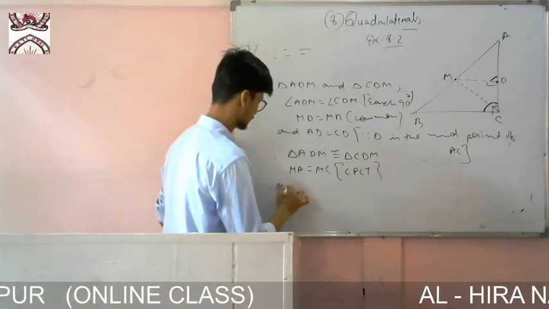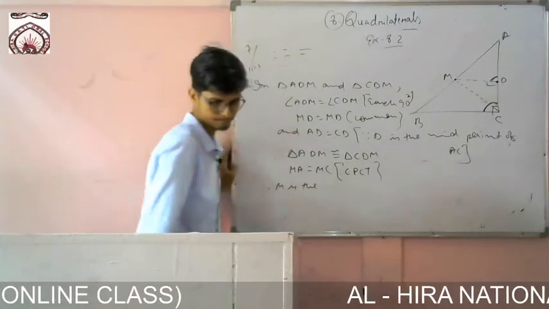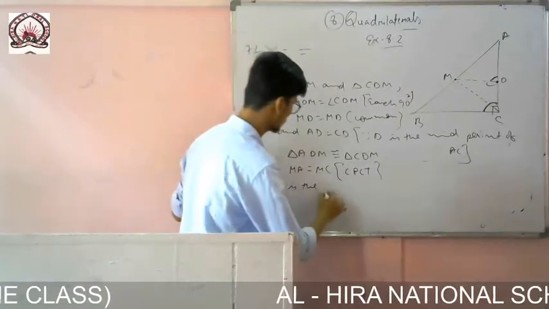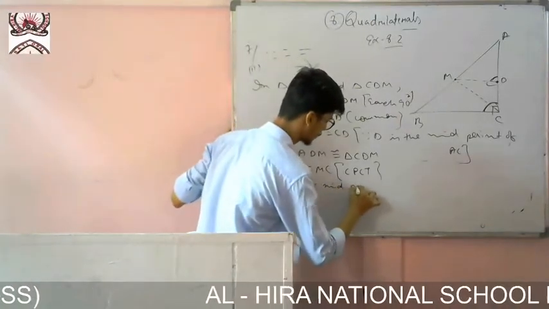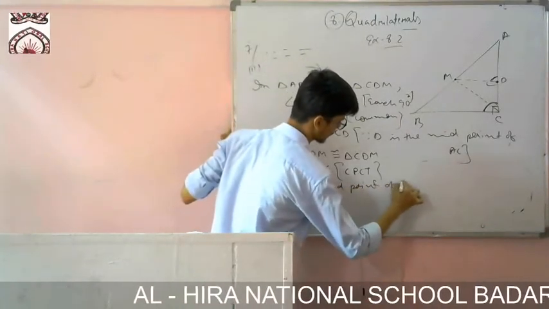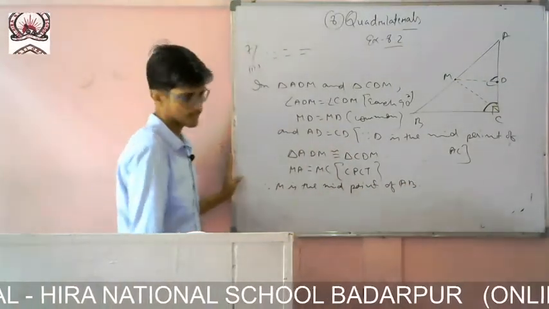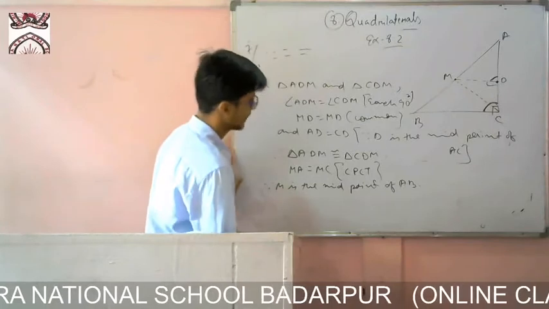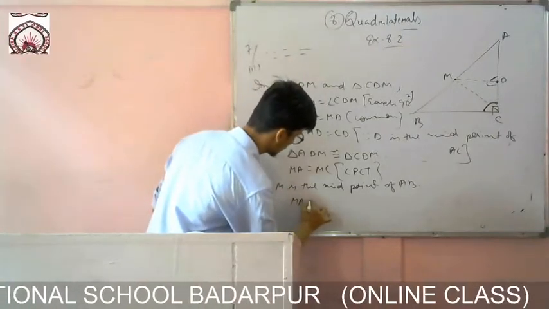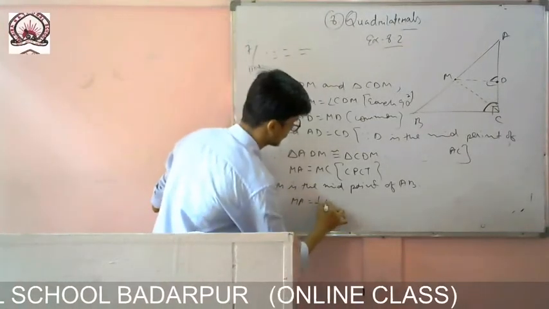Since M is the midpoint of AB, I can write AM, or MA, equals half of AB.